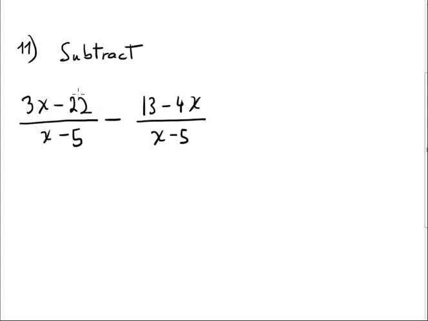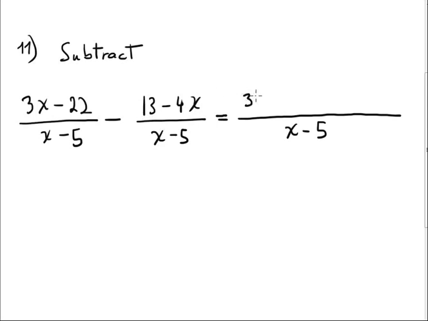Okay, number 11 is pretty easy. Subtract rational expressions, but in this case we have the same denominator, so it's super easy. You copy, you put the long line, you put the same denominator, that is x minus 5, and you copy the top part, but watch out with one detail. This minus affects everything in the second fraction.